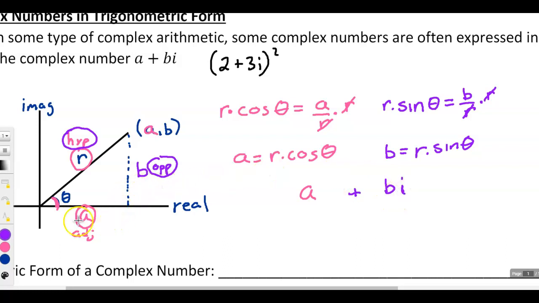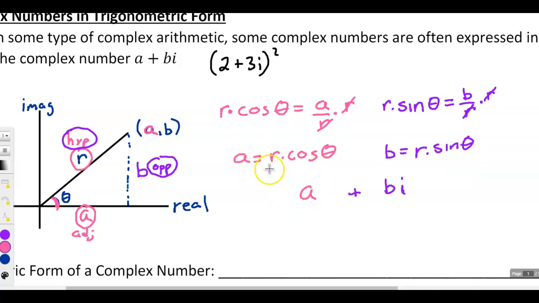Okay. So now here's what we can do. We have what we call our rectangular coordinates, the things that we're used to graphing the same old way, and we convert them to trigonometric. All right. So what I'm going to do is substitute.